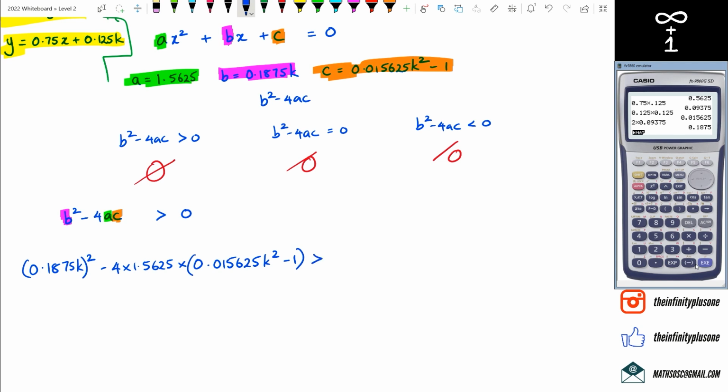And all of this has to be greater than 0. So let's get that out first. Now we've got this ugly thing we've got to try and solve. So I've got 0.1875 times 0.1875, which is equal to that.